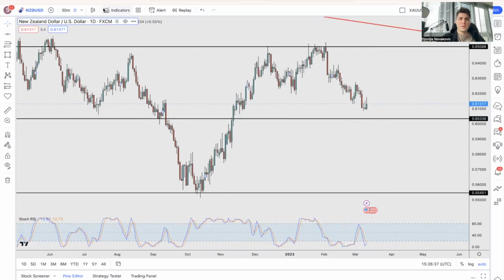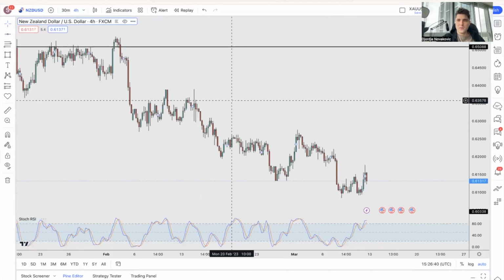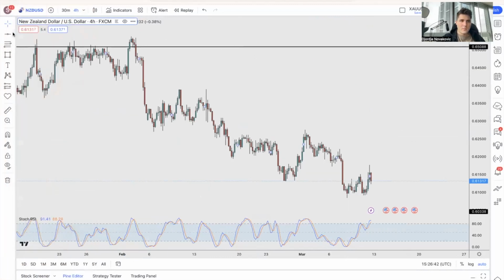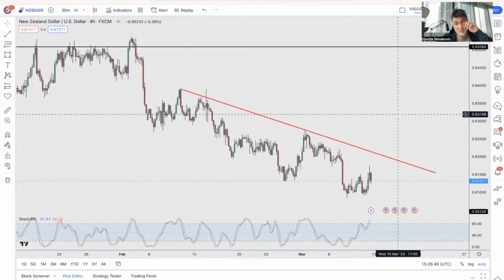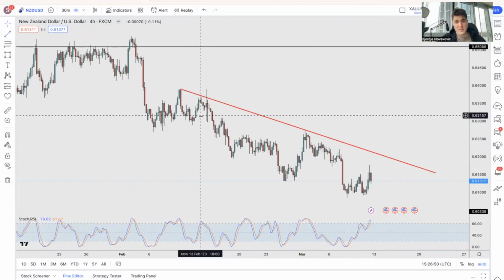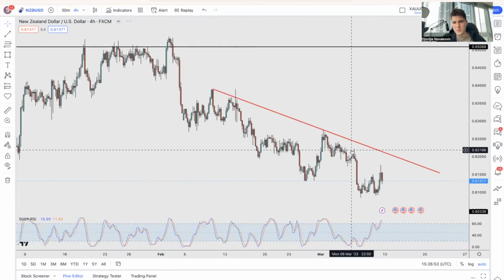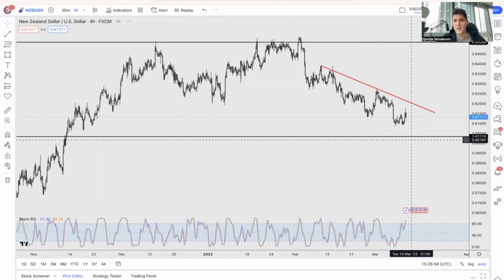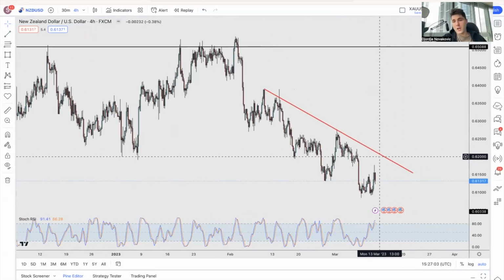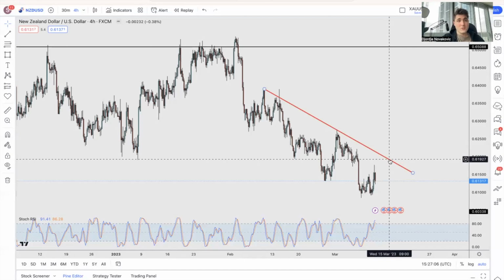NZD USD, nothing really interesting. Maybe something like this. Here we had some spikes because of the news. Even so, we're not close enough to the support to get into a buy, and we're far from the trend. So at the moment, there is absolutely nothing to do with NZD USD.